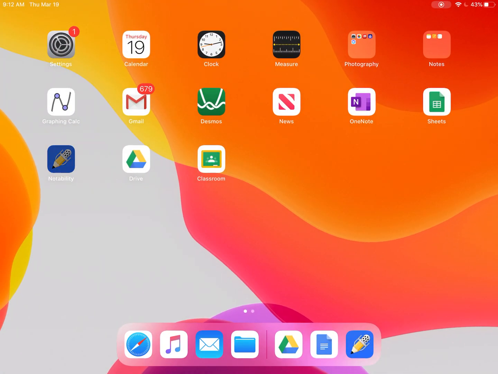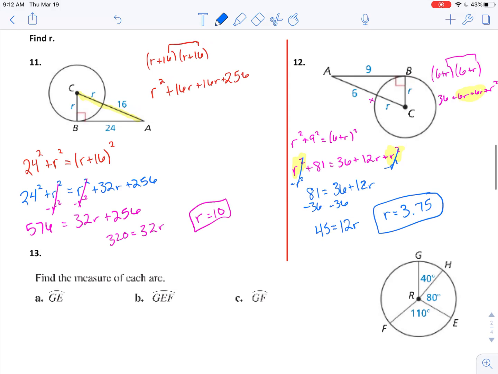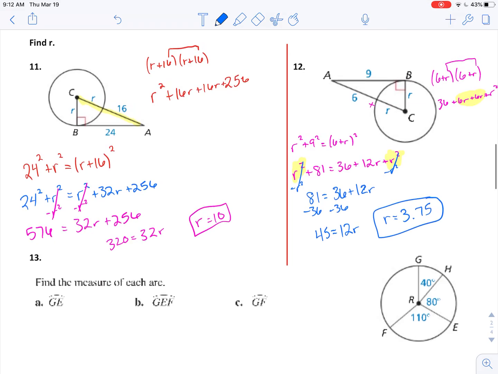So r is 3.75. And now, why don't you guys try 13 on your own? That's just like what we did at the very beginning of this lesson, looking for those arc measures, just adding those up. Make sure you go in alphabetical order, especially for B.